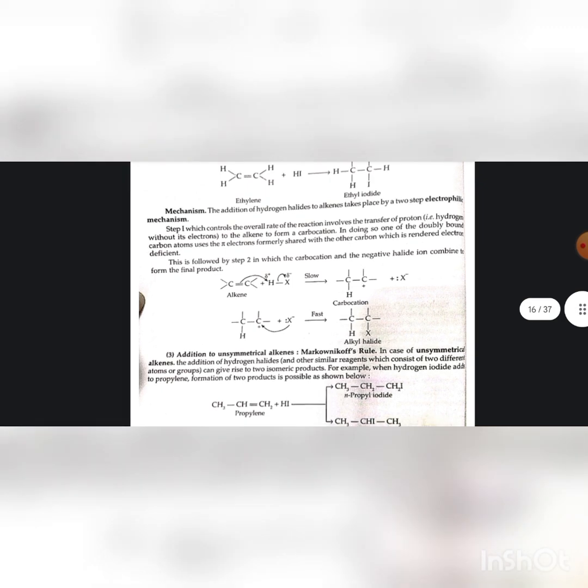This is followed by step 2, in which the carbocation and the negative halide ion combine to form the final product. Alkene plus HX, slow reaction, gives the carbocation plus halide ion.